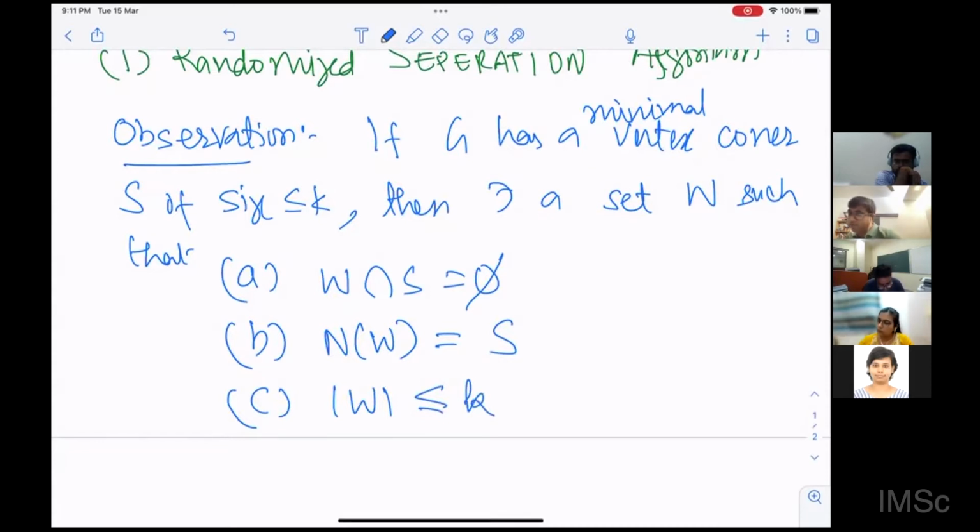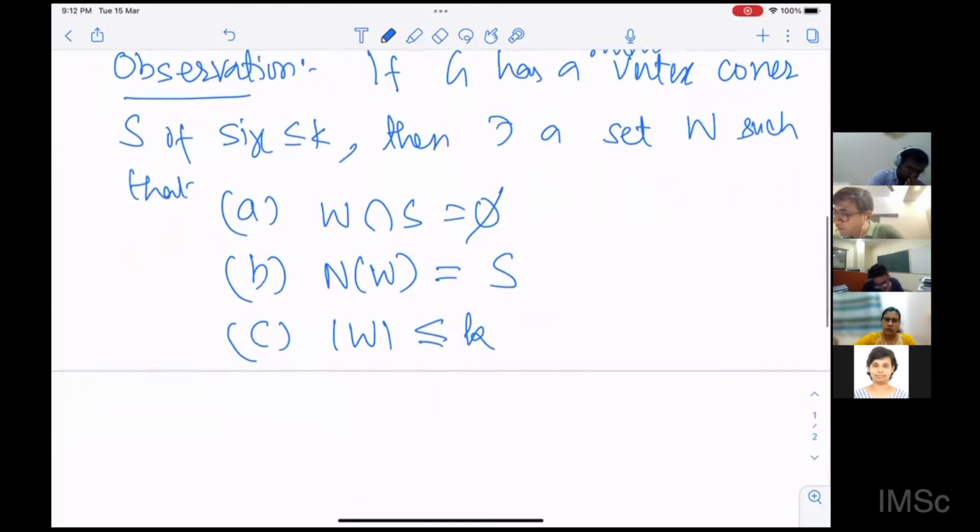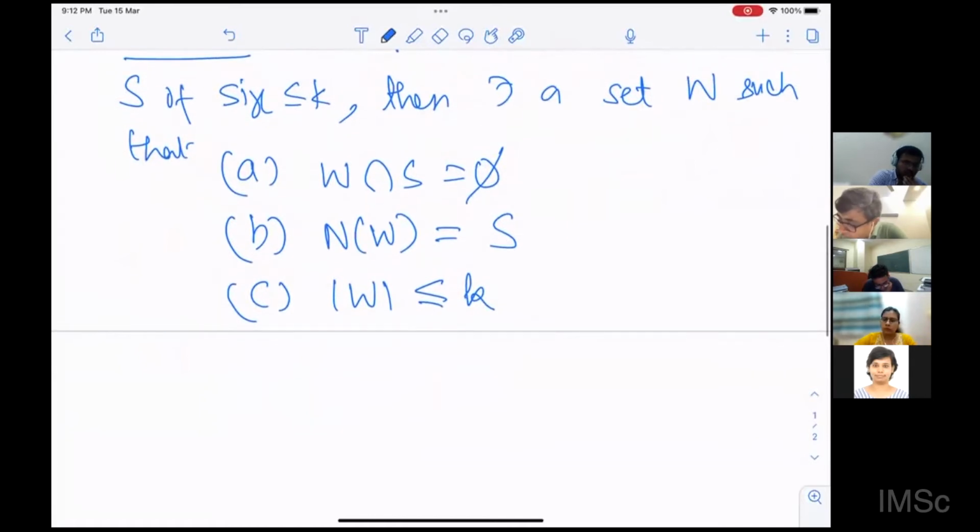So this is a structural lemma that we proved. And the proof was fairly simple for this fact.